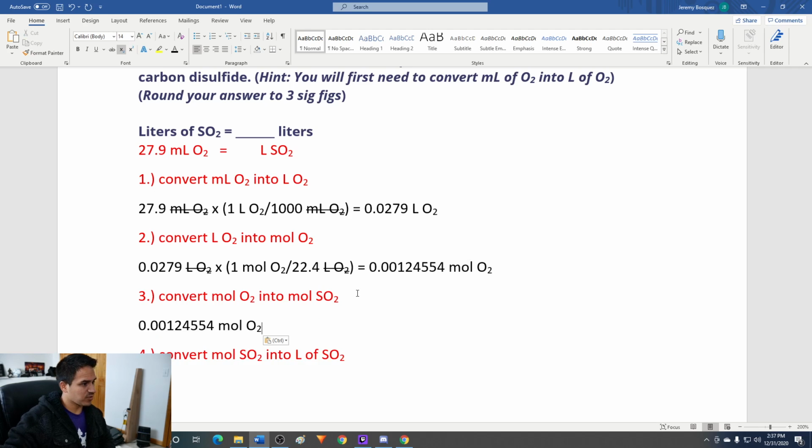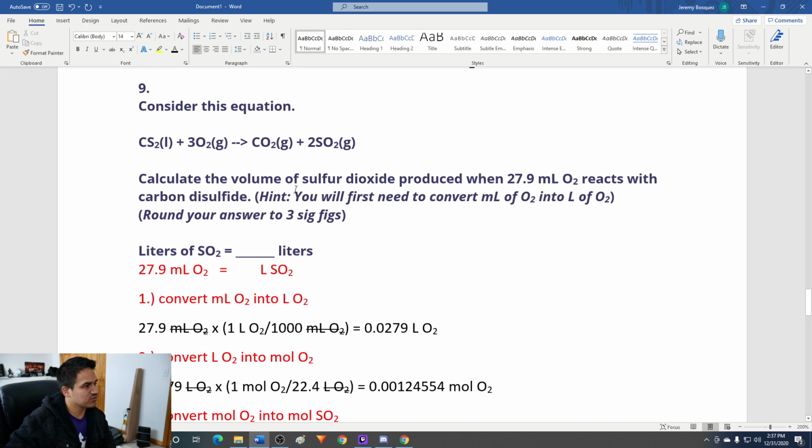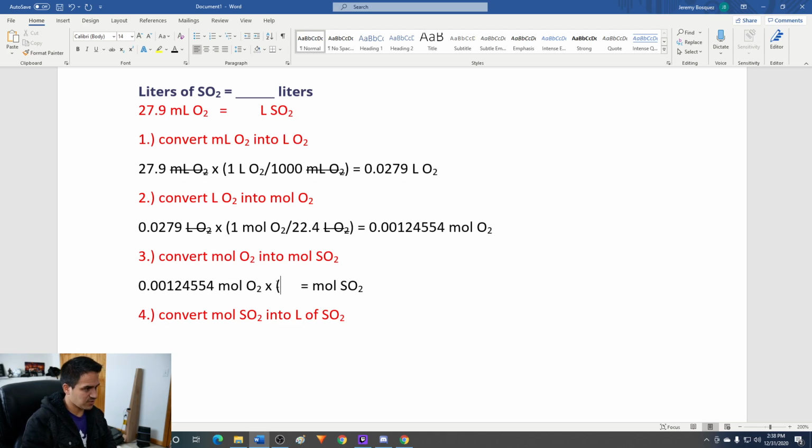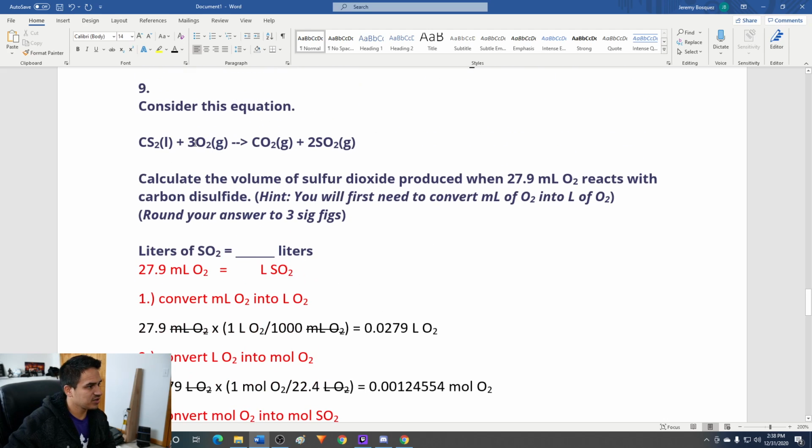Now we are going to go from moles of oxygen into moles of SO2. And the ratio between the two is 3 moles of O2 for every 2 moles of SO2. So it's a 3-to-2 ratio. So we're going to have it set up for 2 moles of SO2 on the top and 3 moles of O2 on the bottom, like this. Just to double check, 3, 2.